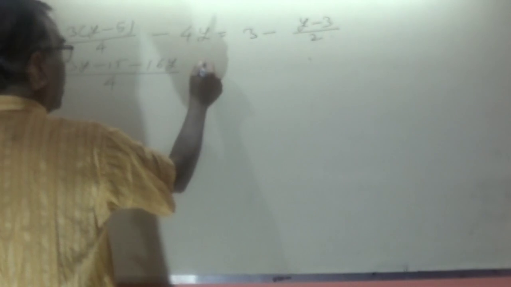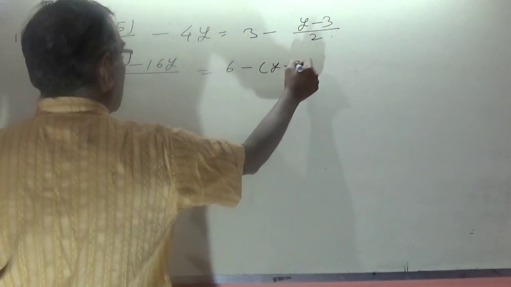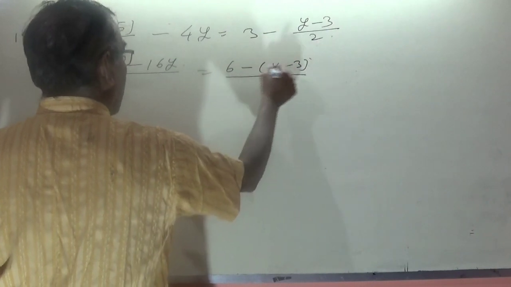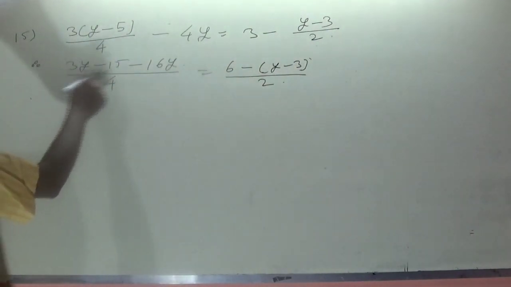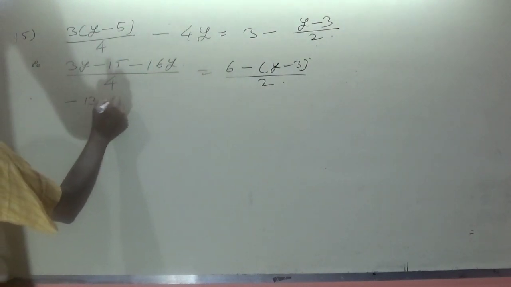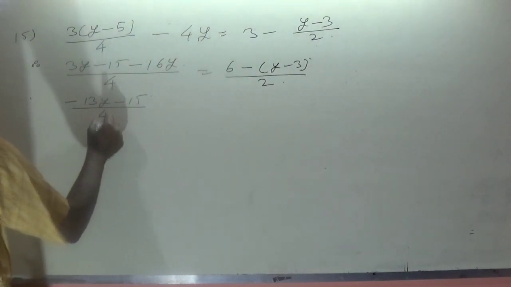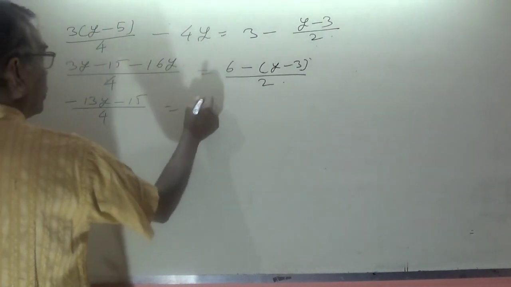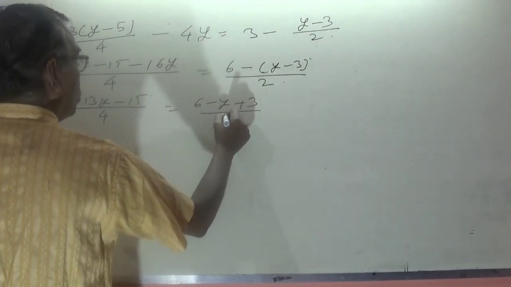4 4s are 16, is equal to 3 2s are 6 minus bracket y minus 3, don't forget to use a bracket, divided by 2. So therefore 3y minus 16y is minus 13y, naturally minus 15 by 4 will be equal to 6 minus y plus 3 by 2.